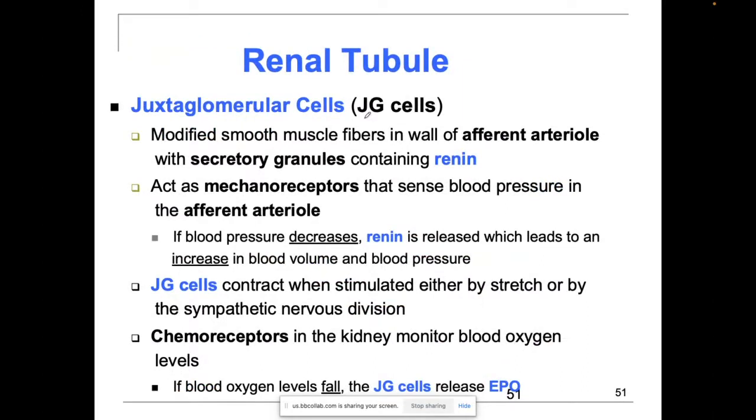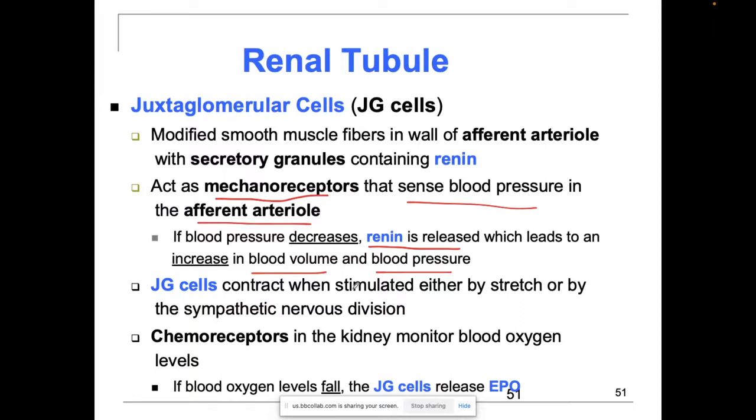So the JG cells are modified smooth muscle fibers in the walls of the afferent arteriole, and these act like mechanoreceptors. They sense blood pressure in the afferent arteriole. And if blood pressure decreases, renin is released, and renin leads to an increase in blood volume and blood pressure.